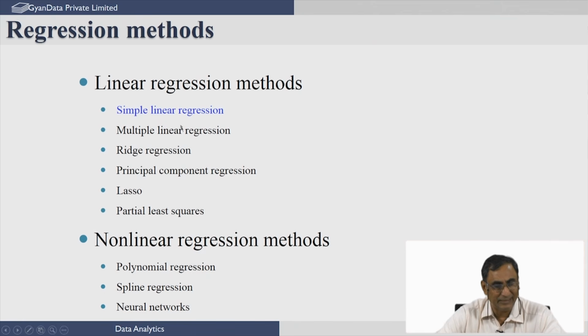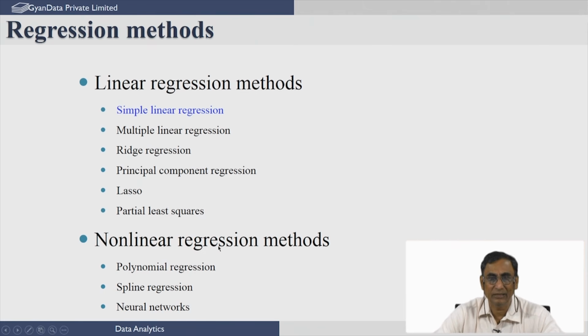Multiple linear regression is an extension of that for multiple independent variables, but there are other kinds of problems you may encounter when you have several independent variables, and those have to be tackled differently. There are techniques such as ridge regression, principal component regression, lasso regression, partial least squares, and so on, which deal with the kind of difficulties that you might encounter in multilinear regression.